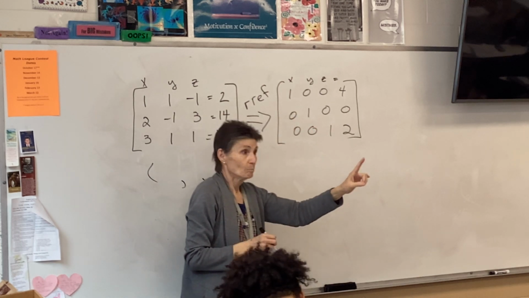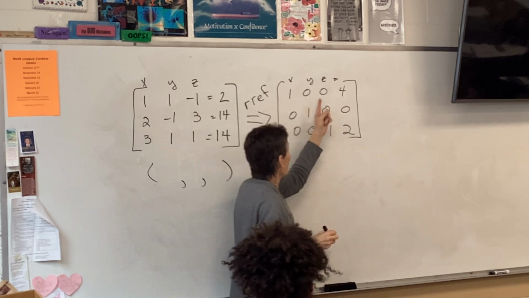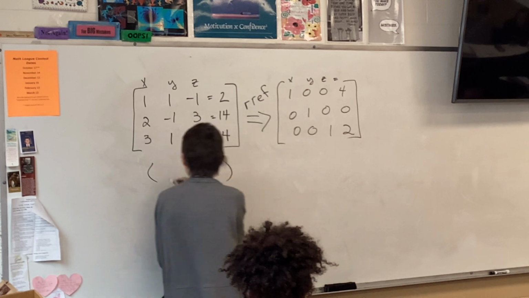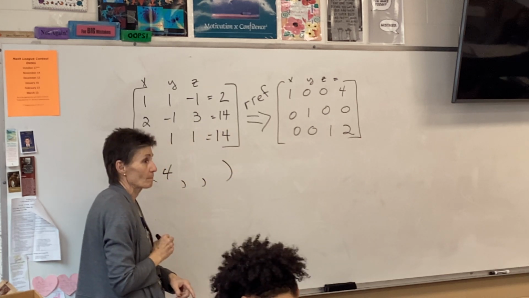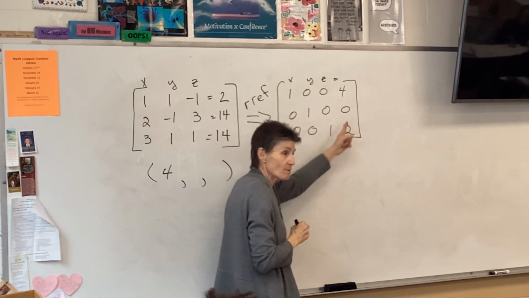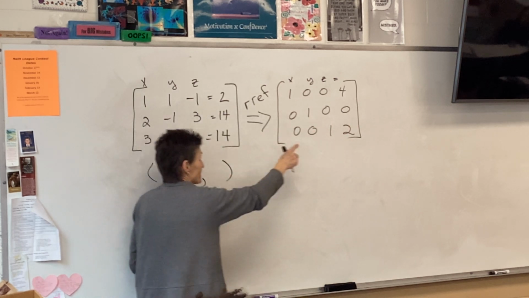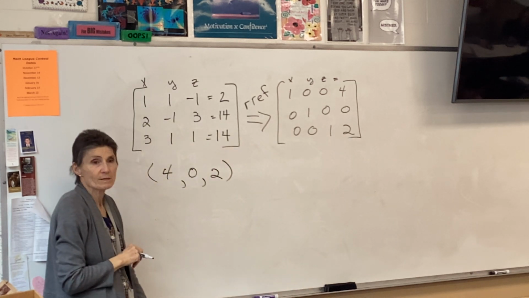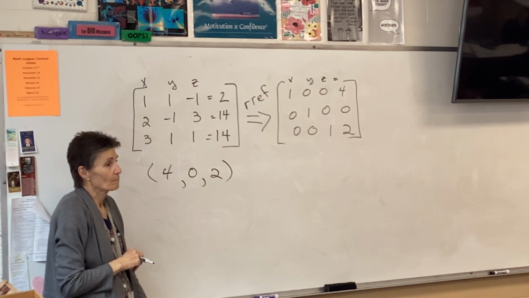X plus nothing else, no Y's, no Z's, equals 4. So X is 4. Y is 0. And Z is 2. There's your answer, 4, 0, 2.